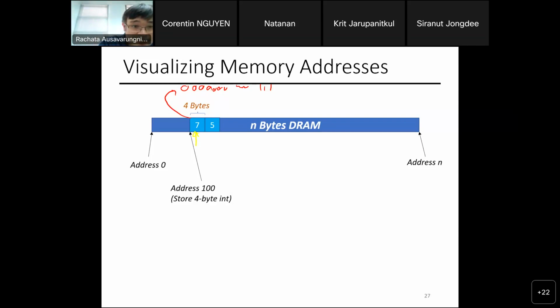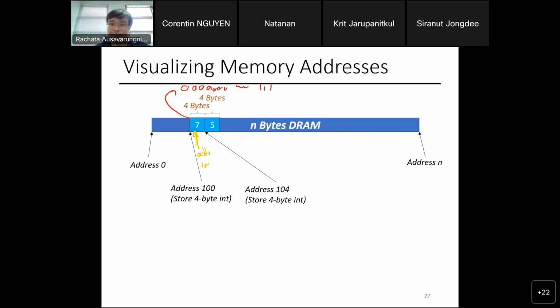So it's 104, because your data is 4 bytes. 100, 101, 102, 103 belong to the number 7. 104 is where the number 5 begins, and it will cover 104, 105, 106, and 107.